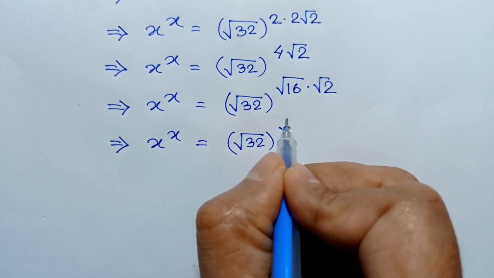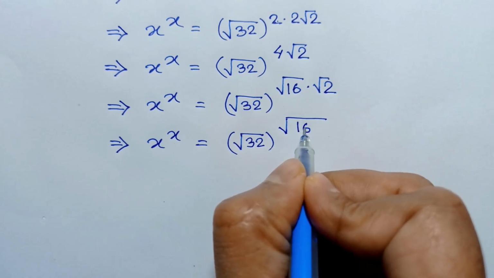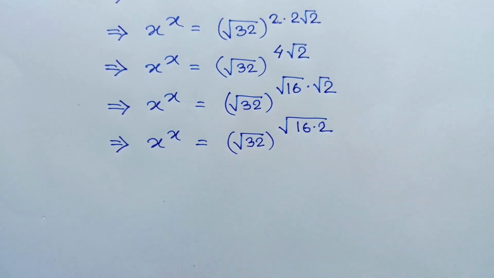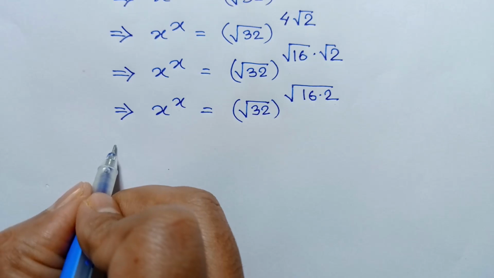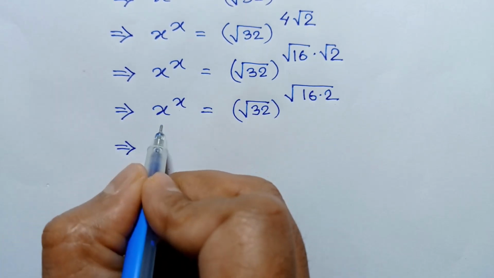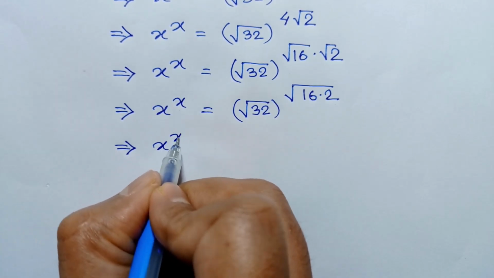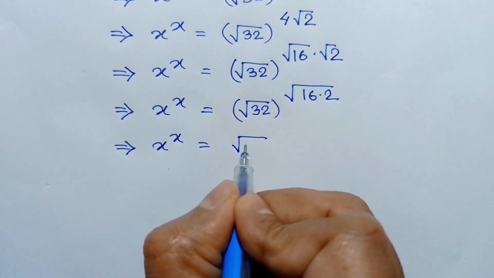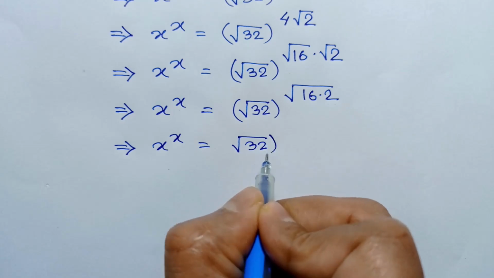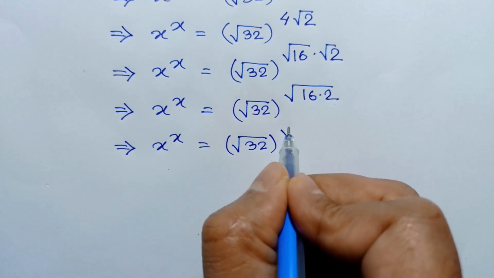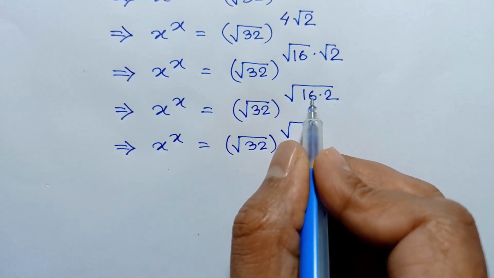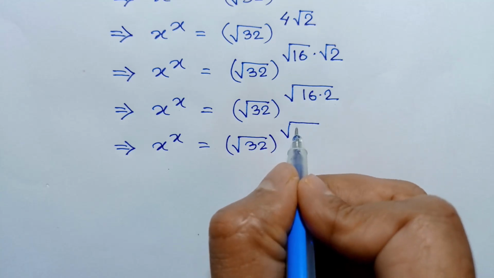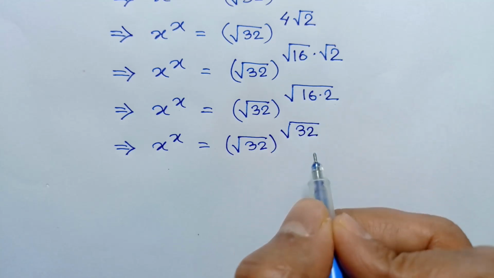It can be written as square root of 16 times 2, or x to the power x is equal to square root of 32 and whole to the power square root of 16 times 2, which is 32.